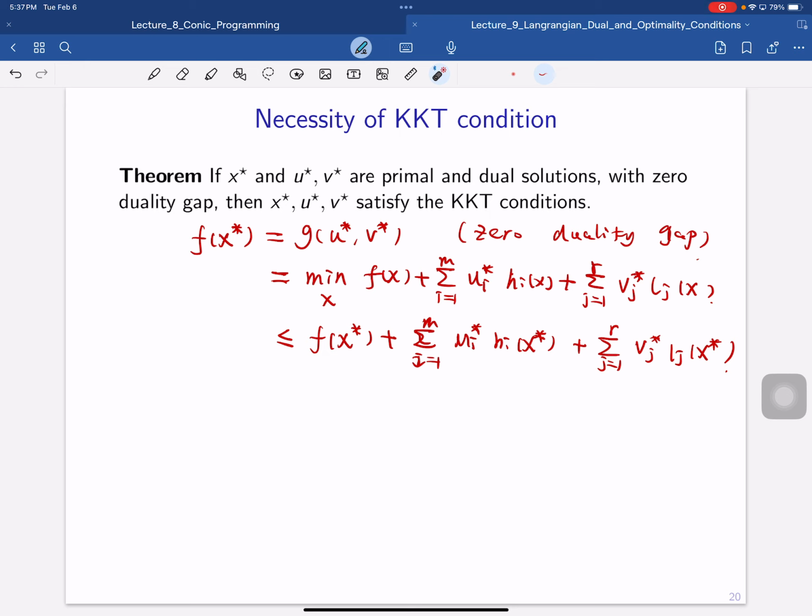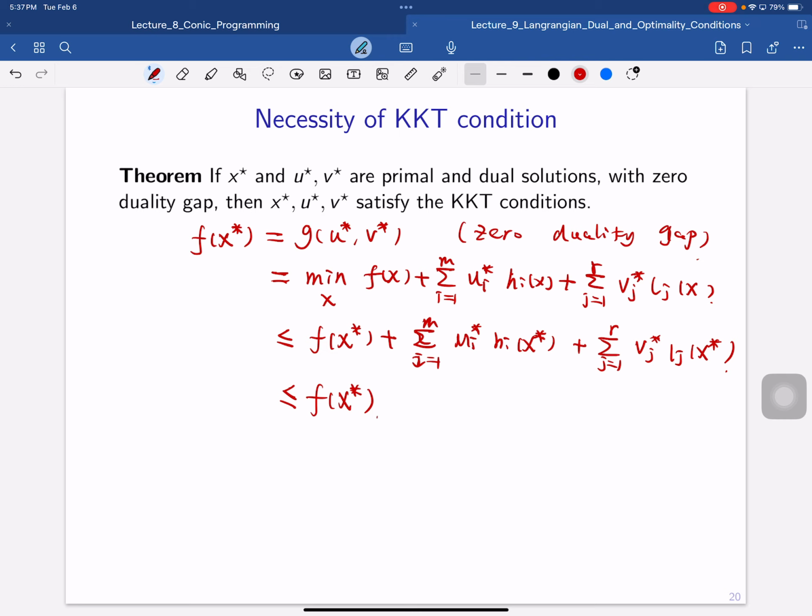Now I'm going to argue that it is also less than or equal to f(x star). Why is that the case? Because we claim that x star is primal optimal. If it's primal optimal, x star must be feasible. So when x star is feasible, u and v are also dual feasible.